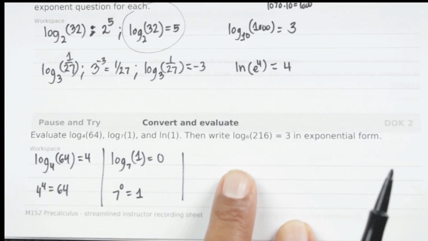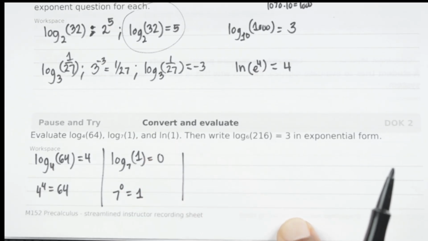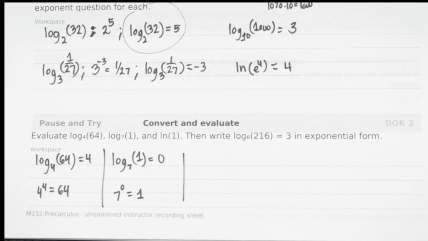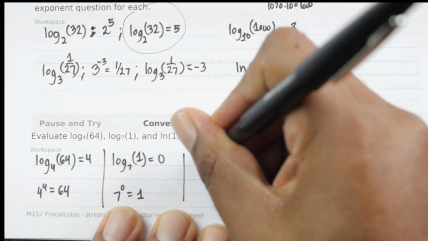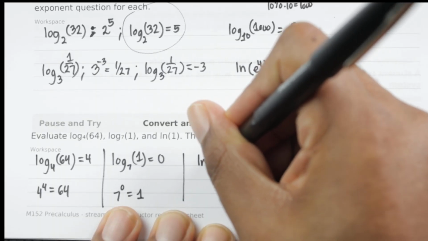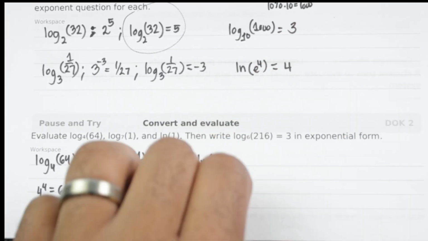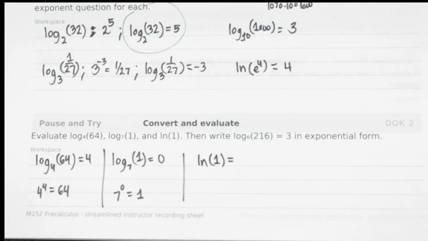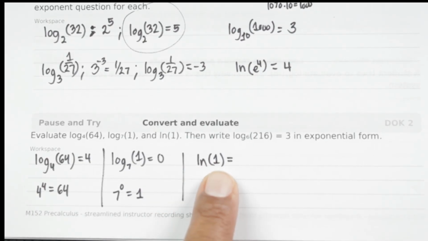Then we have a natural log, the natural log of 1. ln means log base e. So this asks, e raised to what power is going to give me 1?